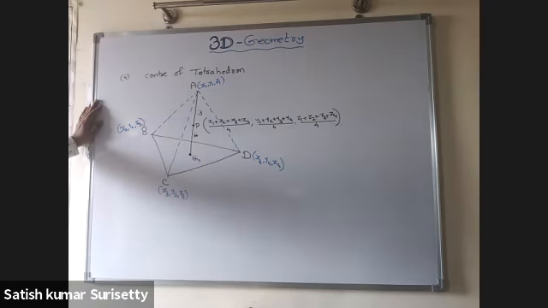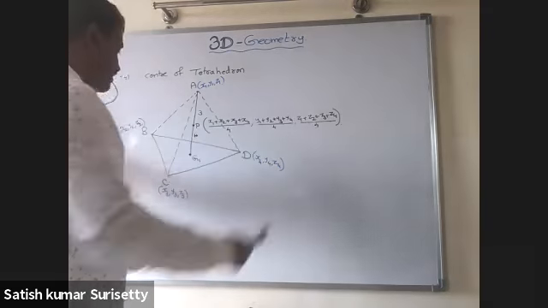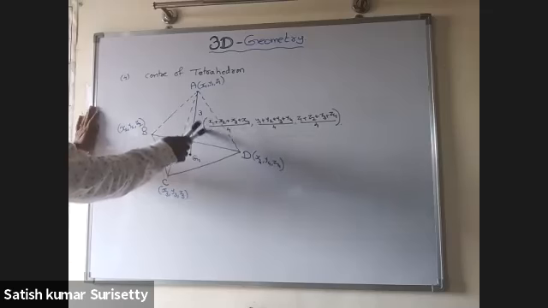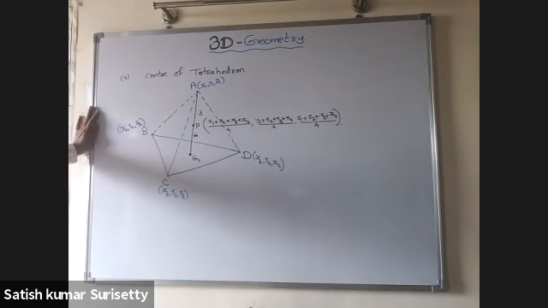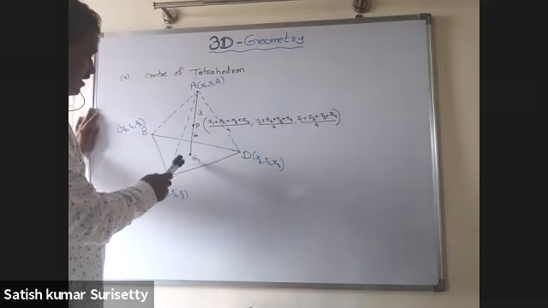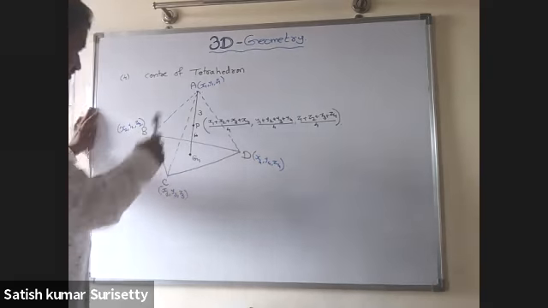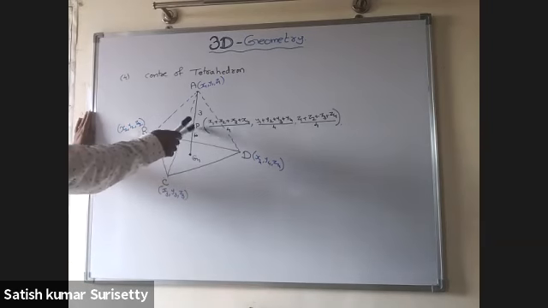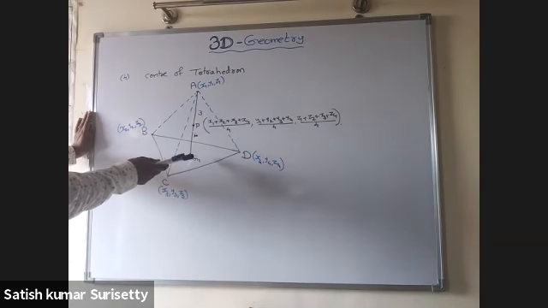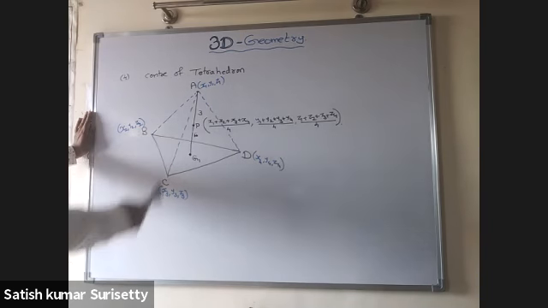That is average of x coordinates, average of y coordinates, average of z coordinates. The center of tetrahedron is the point of intersection of the line segments joining the vertex to the centroid of the opposite face, and it divides the line joining vertex to the centroid of opposite face in the ratio of 3:1.